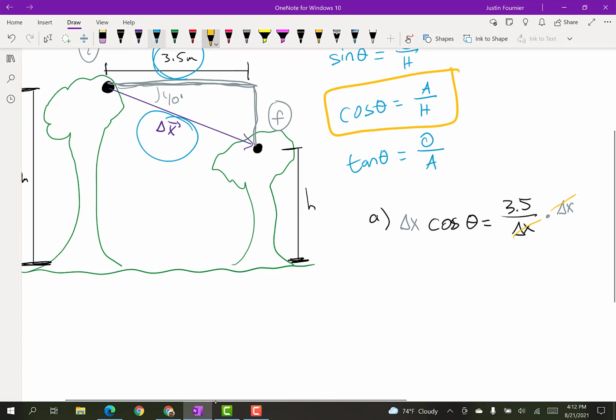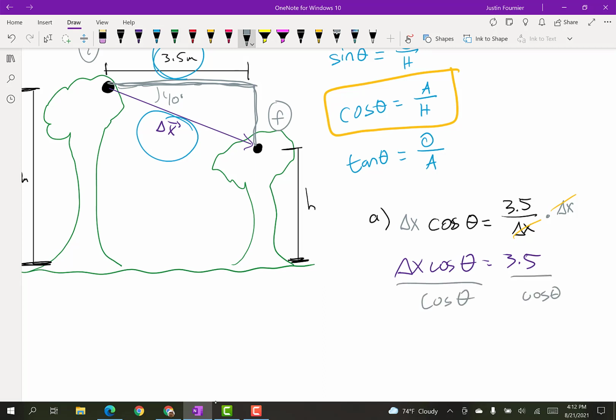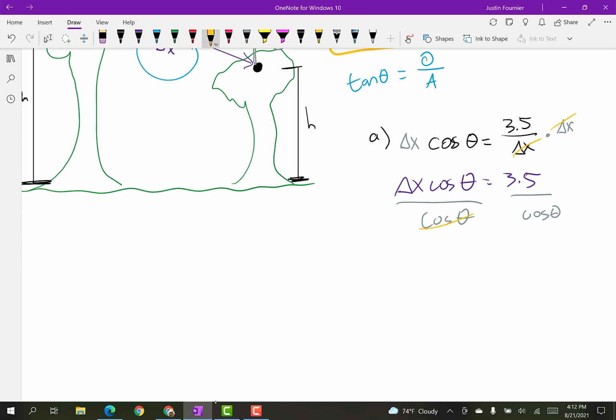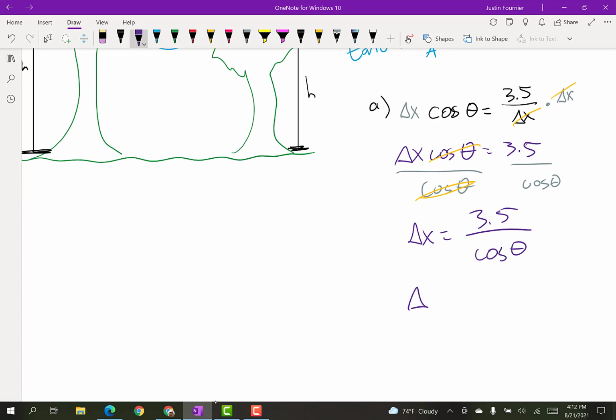Delta x cancels out, and I get delta x cosine of theta equals 3.5. Next, I'm going to divide both sides by cosine theta. So cosine theta cancels out, and I get that my displacement, delta x, is 3.5 divided by cosine of my angle.